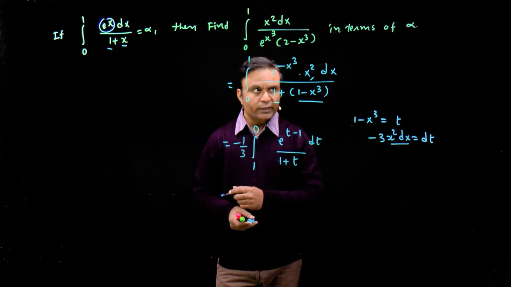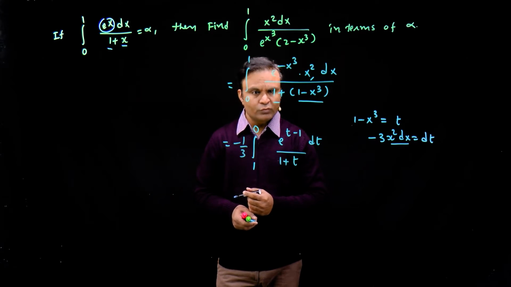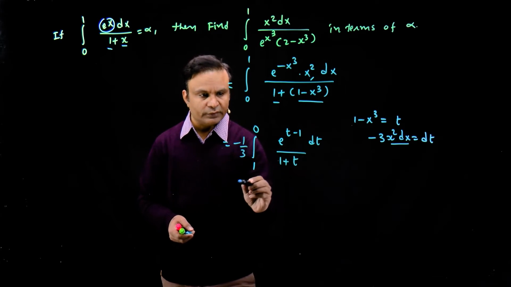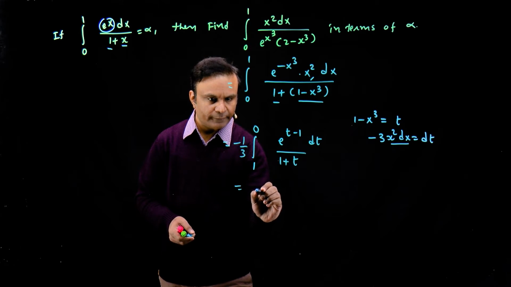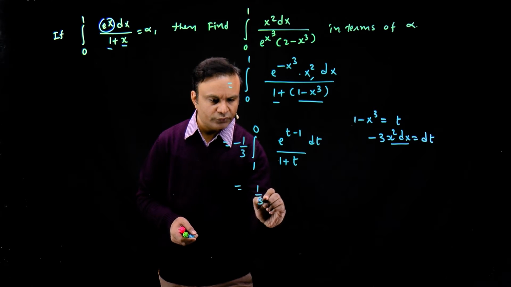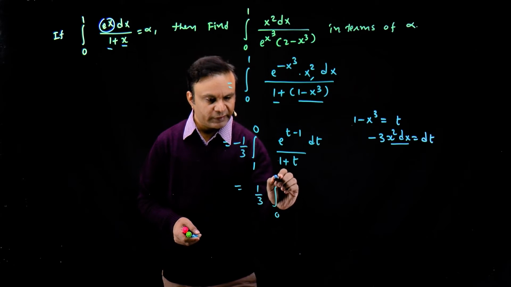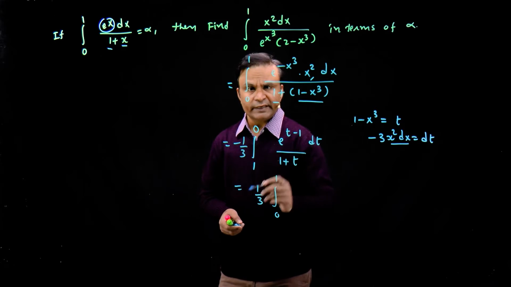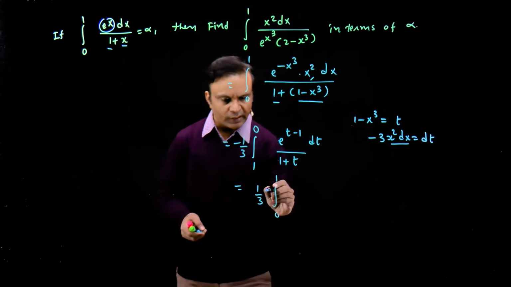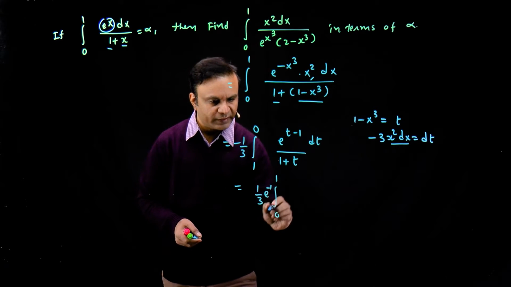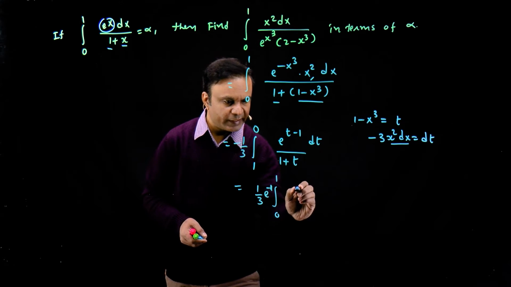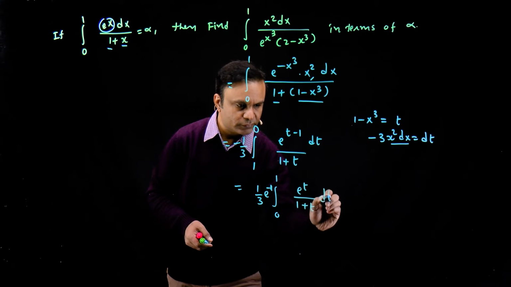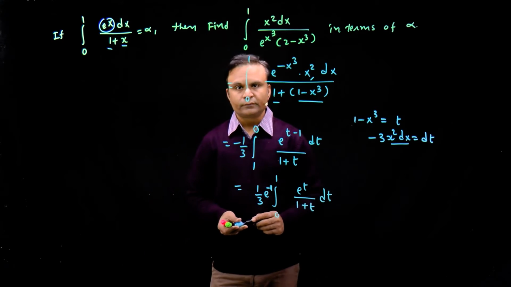Okay, now I have actually here two minus signs. One is here and one is from change of limits. So I have 1 upon 3. This integration limits are from 0 to 1, and also from this I can take out e power minus 1 outside. So inside integration I have function e power t upon 1 plus t.